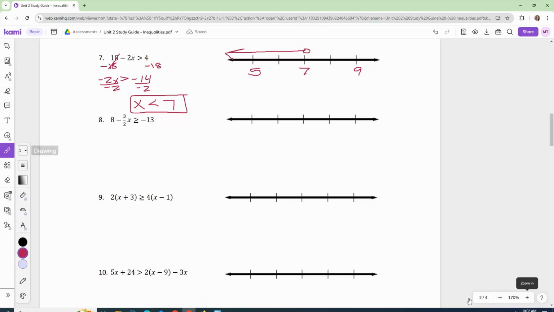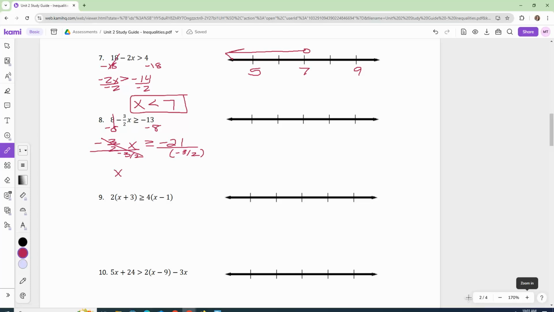Kale, can you help me with that one? So we have negative 3/2 x is greater than or equal to negative 21. How would we get rid of the negative 3/2? Divide by negative 3/2. If you put that in your calculator, just make sure that you put parentheses around the negative 3/2. The other option is to multiply by the reciprocal.